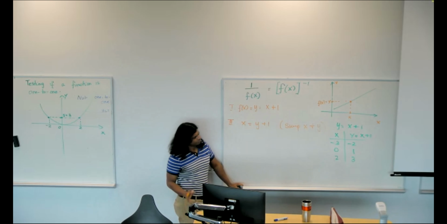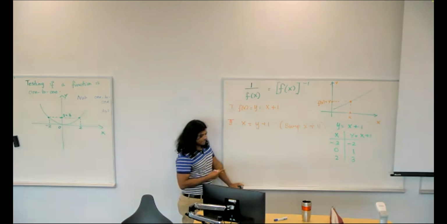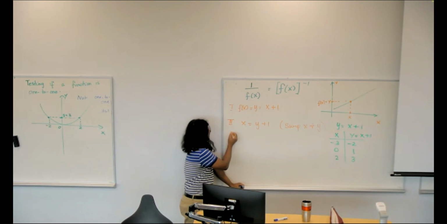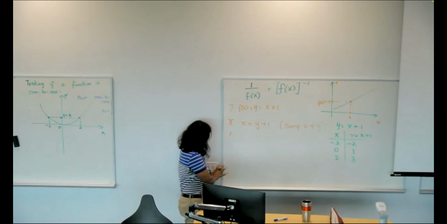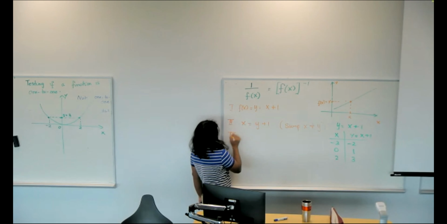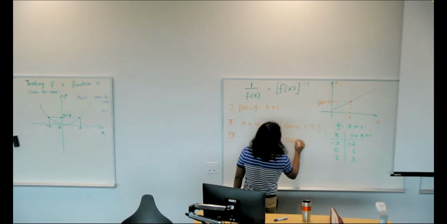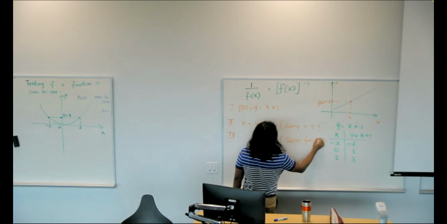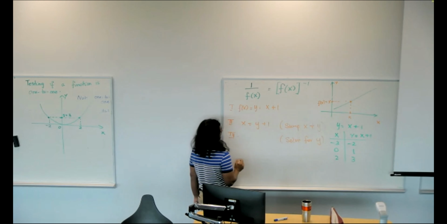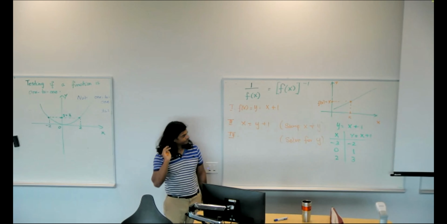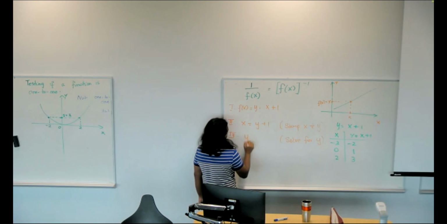Next step. Solve for y. If you solve for y, what would you get? y equals x minus 1.